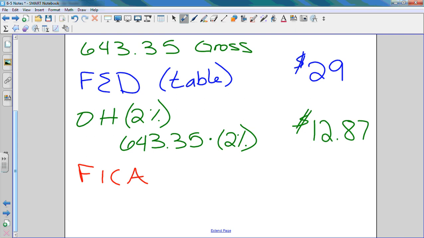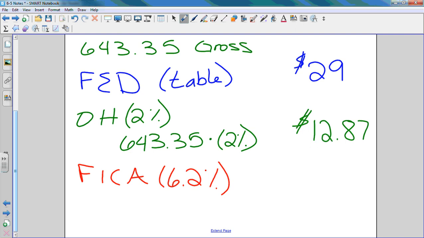In your book it's 6.2, so we're just going to use 6.2 so you don't get confused. They lowered it to give America a tax break, but it'll probably go back up eventually.